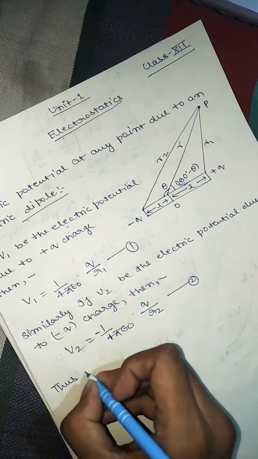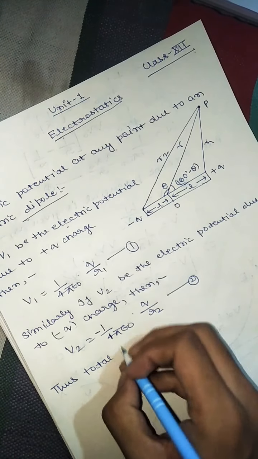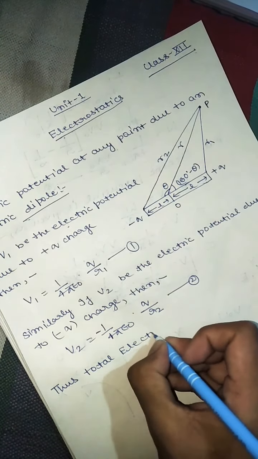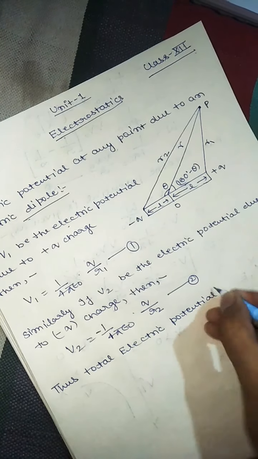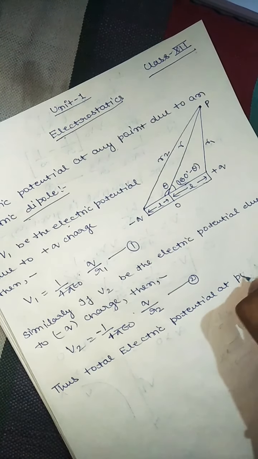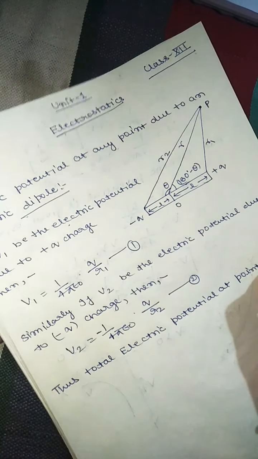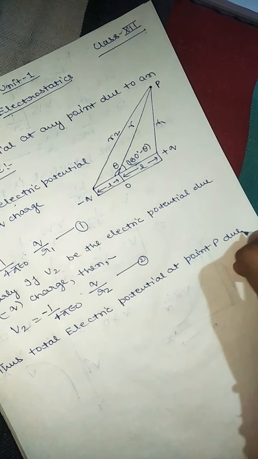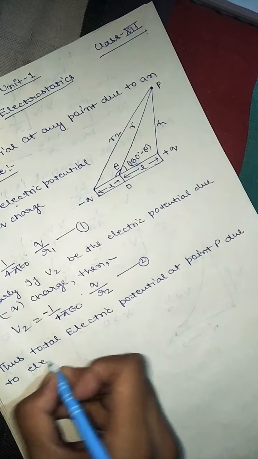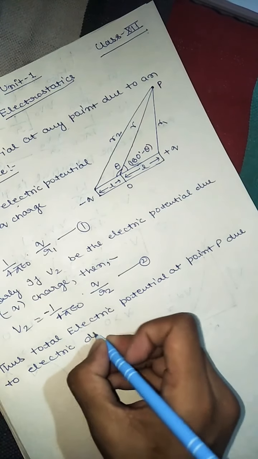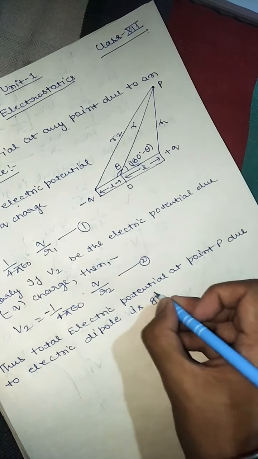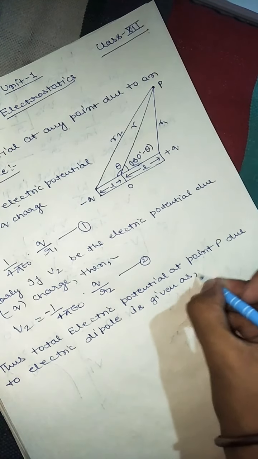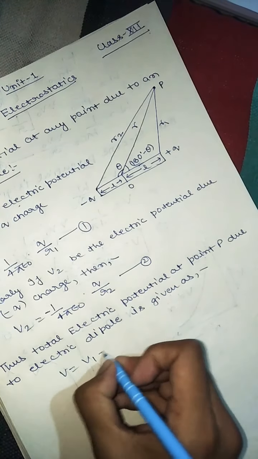Thus the total electric potential at point P due to the electric dipole is given as V equal to V1 plus V2.